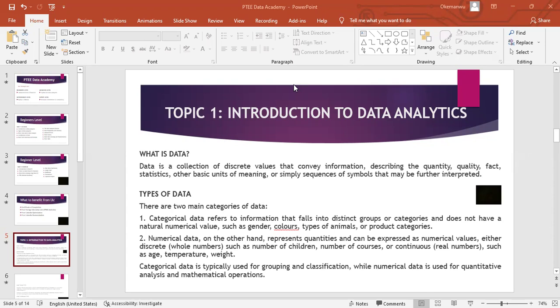The numeric data are the type of data that mathematical operations can be expressed on, unlike the categorical data.